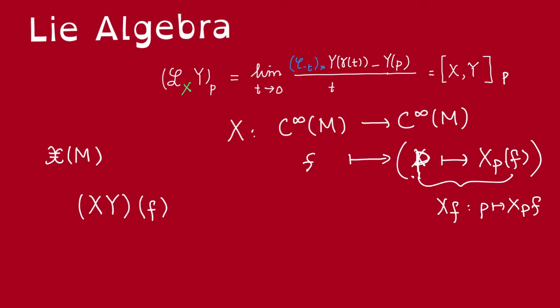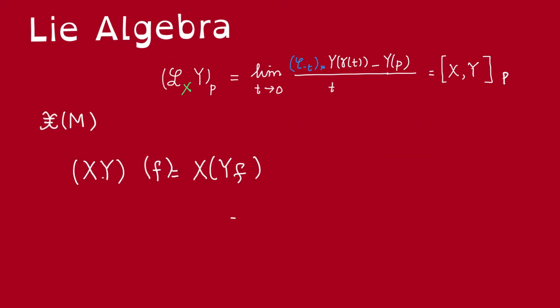That's a smooth function. So now I will try to define this as a function also. We define this to be X of Yf. So Yf is a smooth function, and then X of Yf is again a smooth function. So XY is a well-defined map from smooth functions on M to smooth functions on M. However, it's not going to be a derivation, so let's see why.